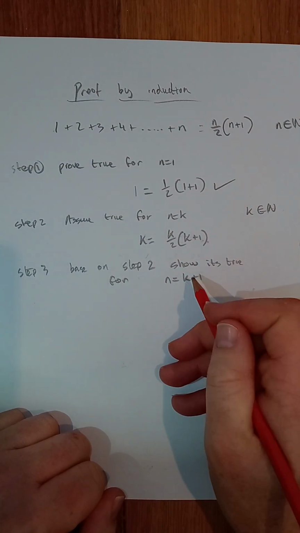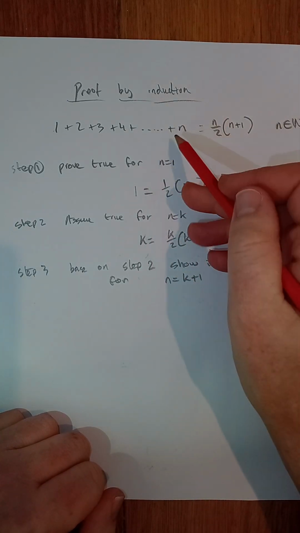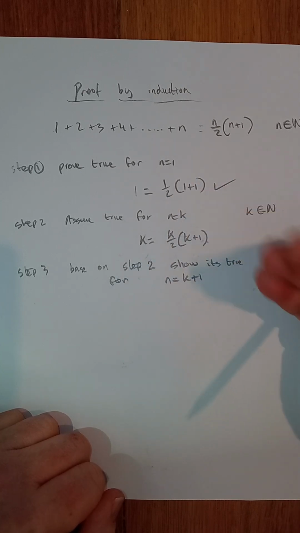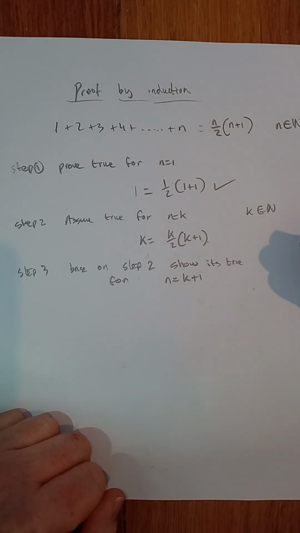In other words, not k, but the one after k. Just like it wouldn't be n, it'd be the one after n. So instead of me proving it for 4, I'd be providing proof for 4 plus 1. In other words, prove it's true for 5.